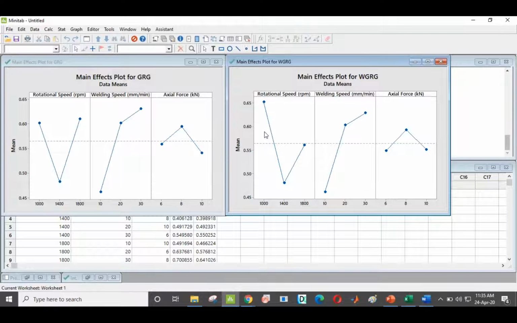For each and every experiment, we should justify why we have taken this amount of weightage. Because here we have taken two outputs, the tensile strength and hardness. In some applications, the hardness should be high, so that may be given a higher weightage.